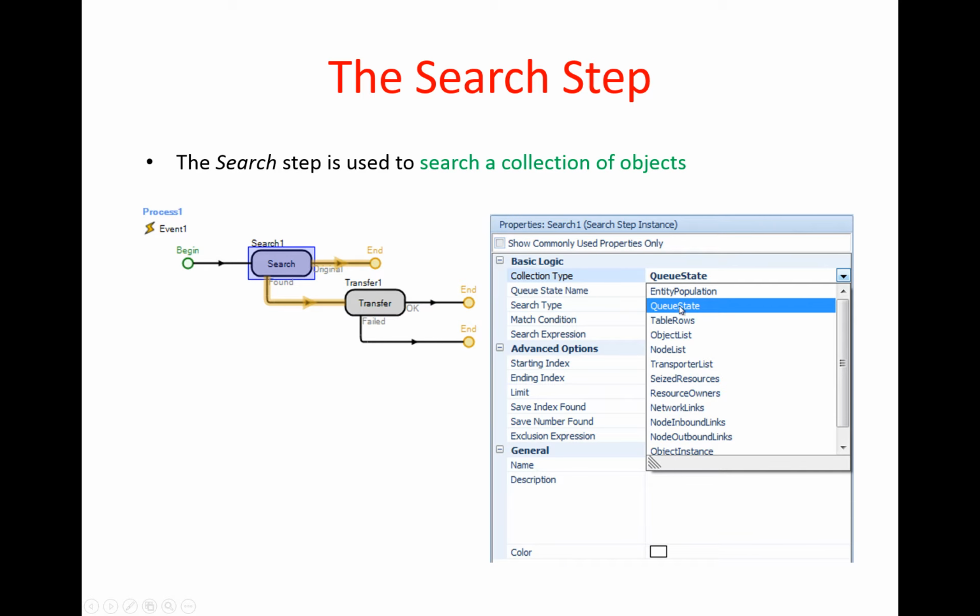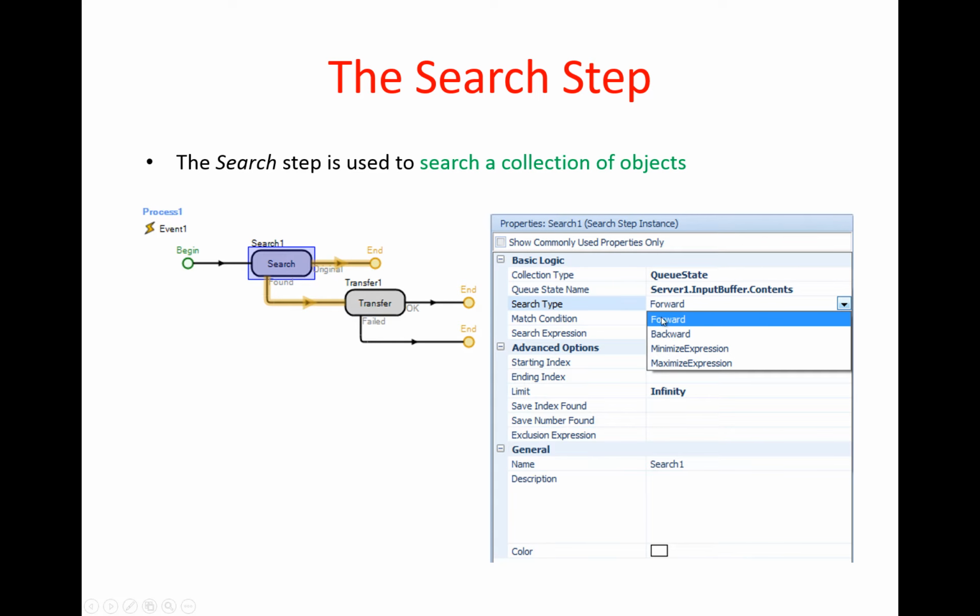We can search in queues. We can also do our search on rows of a table, or we can perform search on different lists, such as an object list or a node list or a transporter list, and so on. So in the case of our model, we are interested in the contents or the entities that are in the input buffer of our server 1.